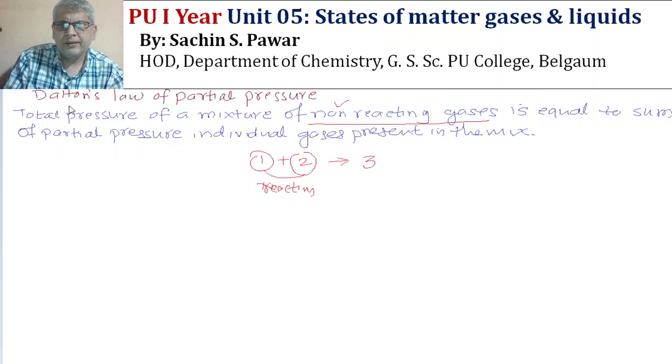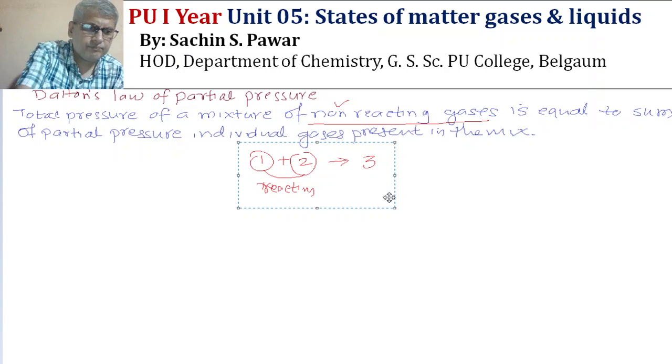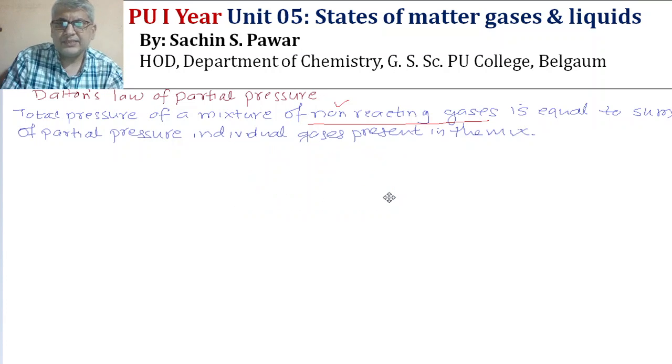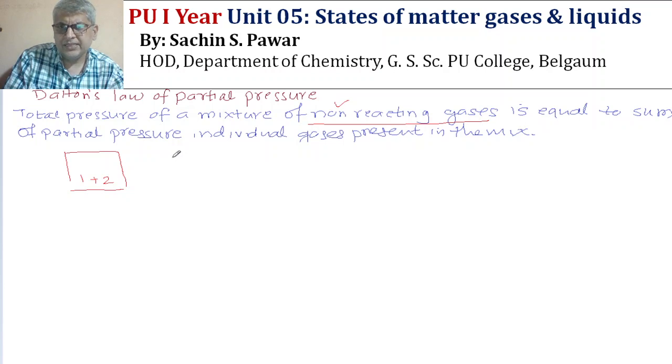Okay, now here if I take the mixture of non-reacting gases, say gas 1 and gas 2, then they say that in that mixture, suppose I have a container, in that container I have gas 1 and gas 2, then the total pressure of that mixture, the total pressure in this container, is equal to the pressure of component 1 and pressure of component 2 and so on.